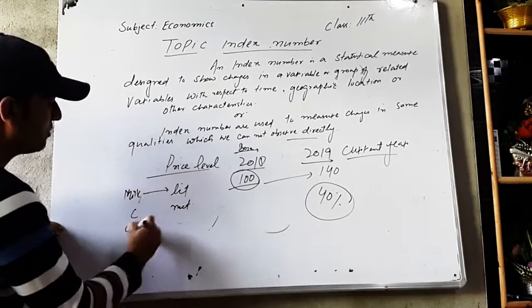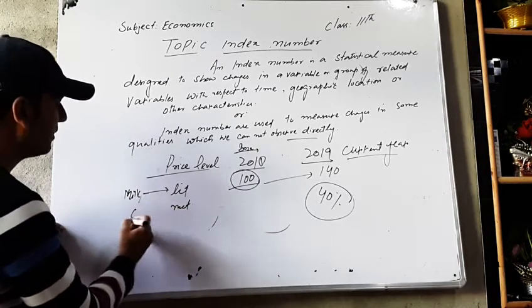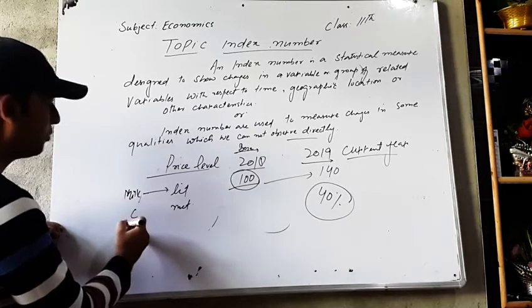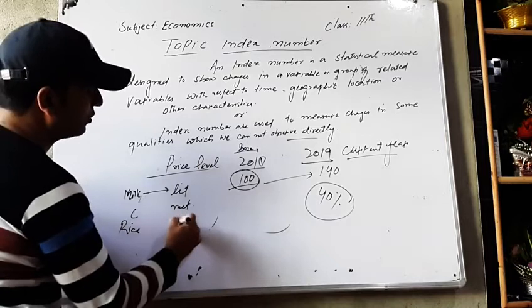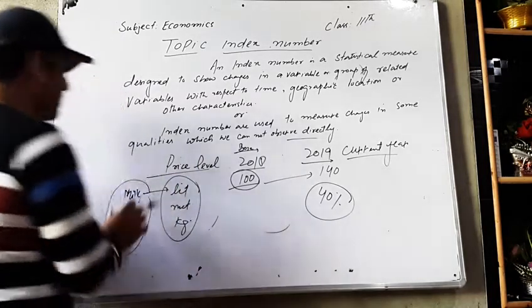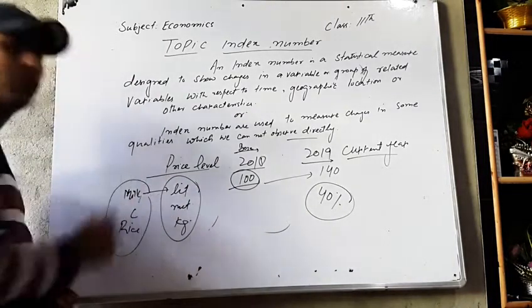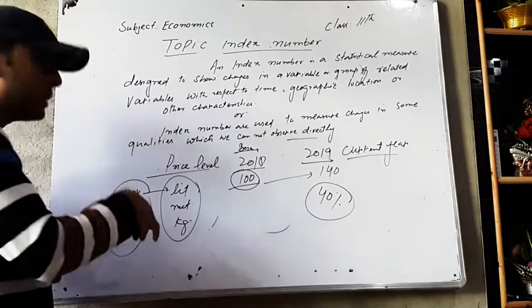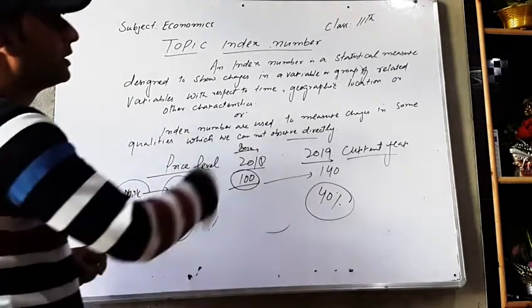Oil is, for suppose, something which has weight. If we take the example of rice, it is measured in kilogram. So different commodities have different units. So it is very difficult to calculate the values of different units directly.